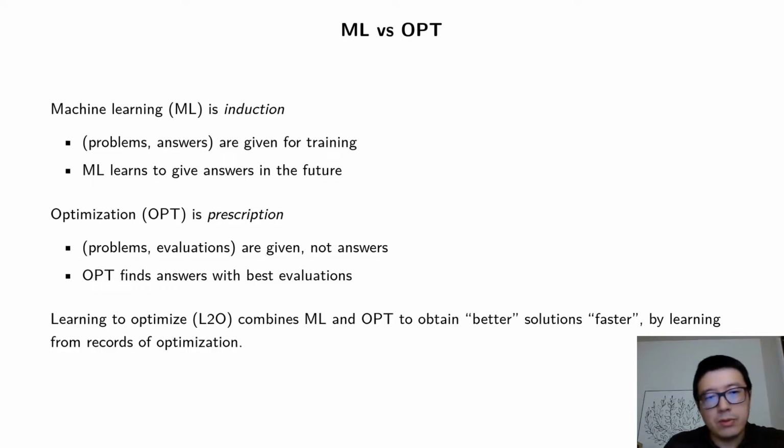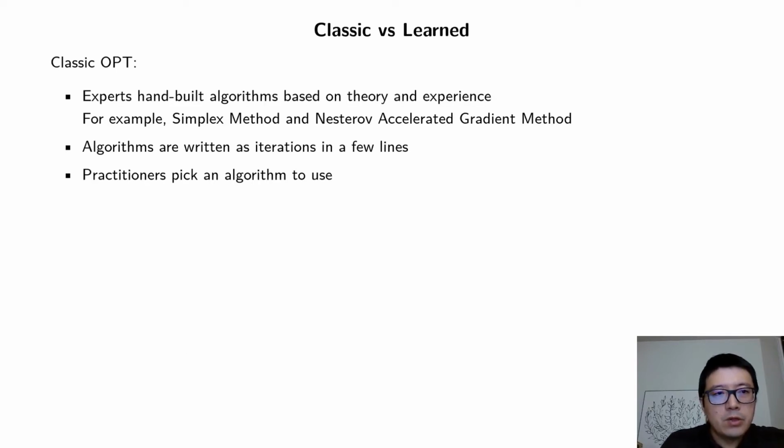Learning to optimize tries to combine these two paradigms to obtain better solutions in shorter time by learning from the records of optimization in the past. Before I start talking about learning to optimize, it's interesting to compare learned optimization algorithms to classic optimization algorithms.